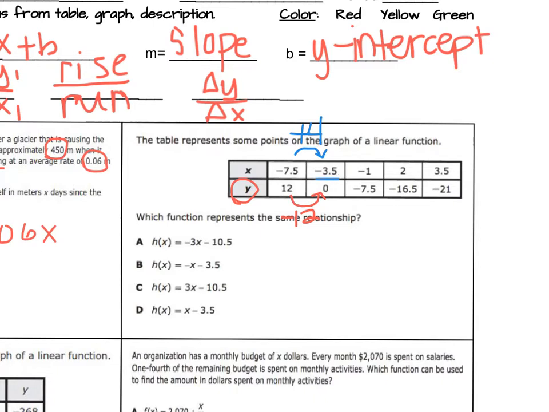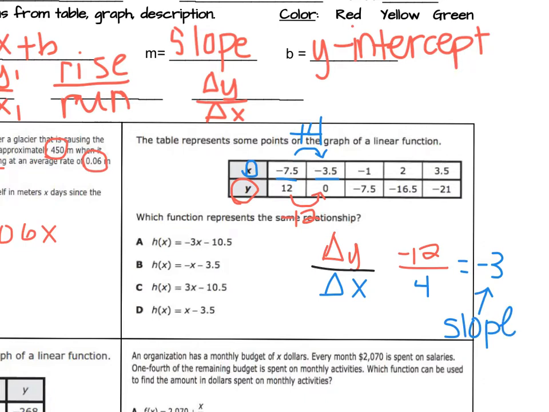We can do negative 3.5 minus negative 7.5. That gives you 4 for our x. So our change in y divided by our change in x is negative 12 divided by 4, and that gives me negative 3. That's my slope.